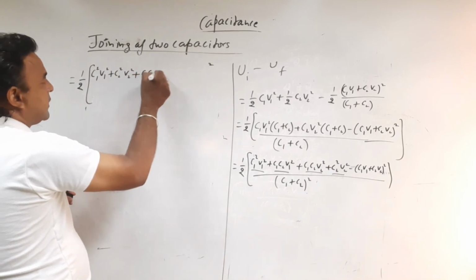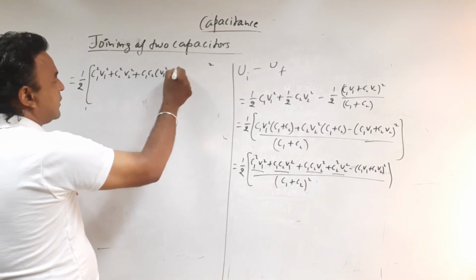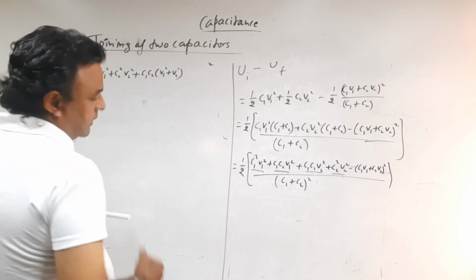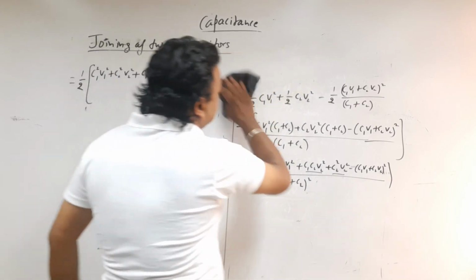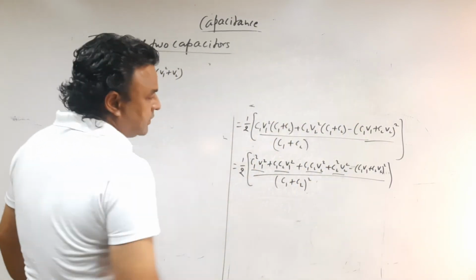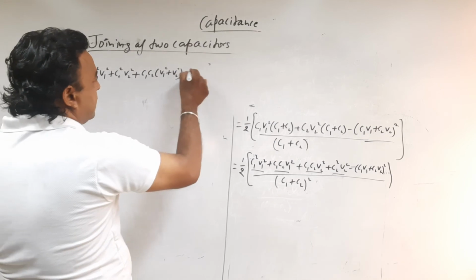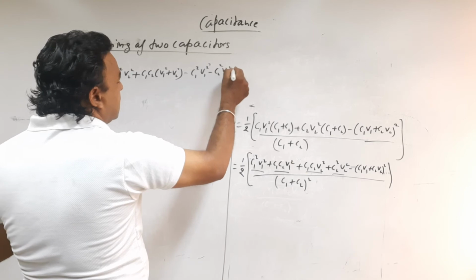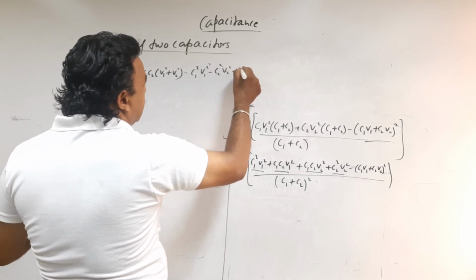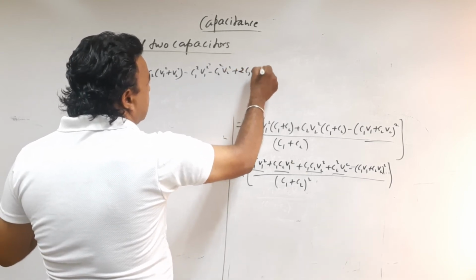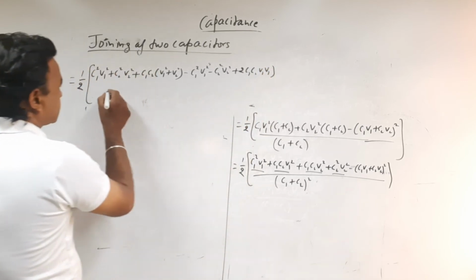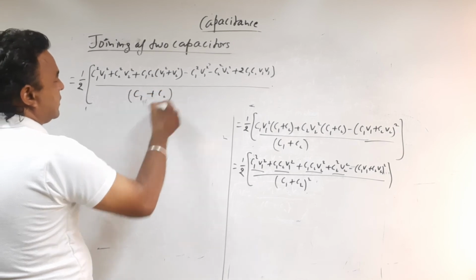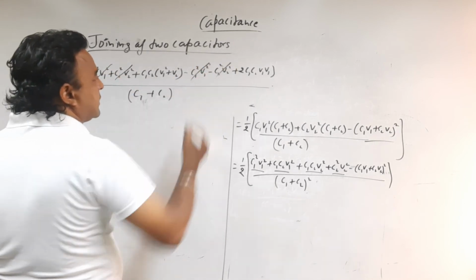And the next step, I said it is a longer calculation. It is minus of C1 square V1 square, minus of C2 square V2 square and plus 2 C1 C2 V1 V2 upon C1 plus C2. This got cancelled here.